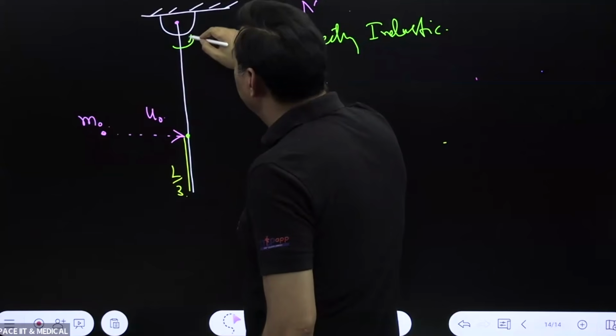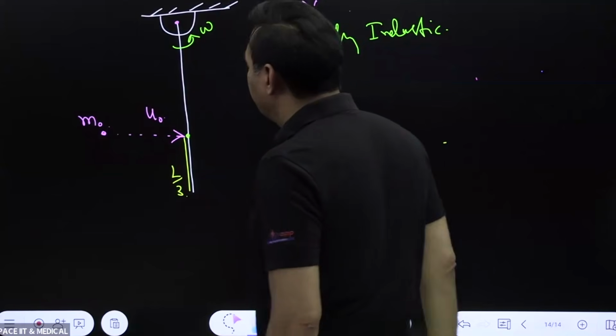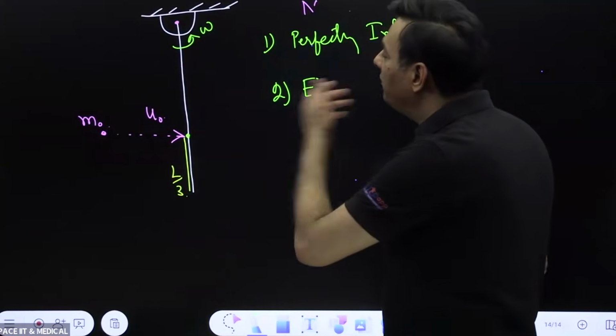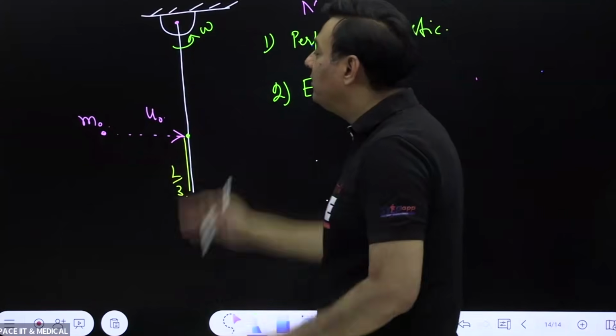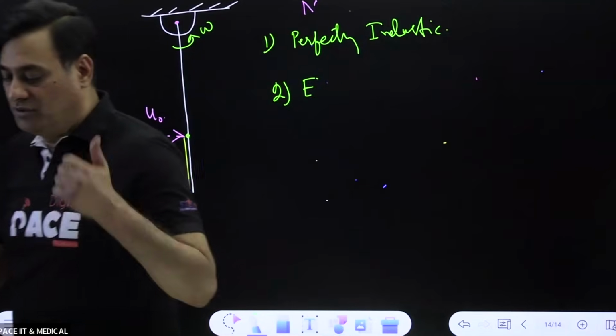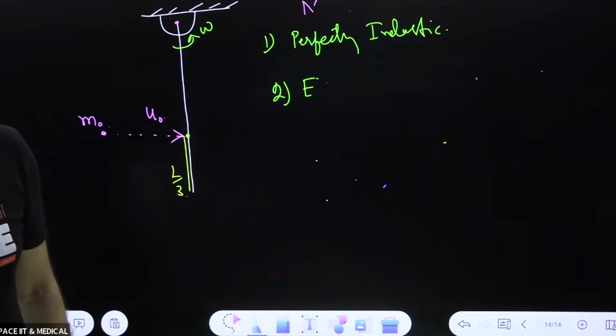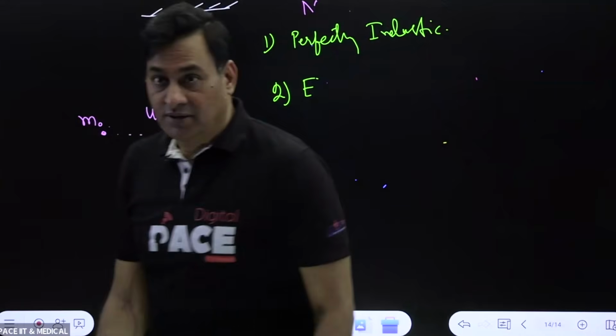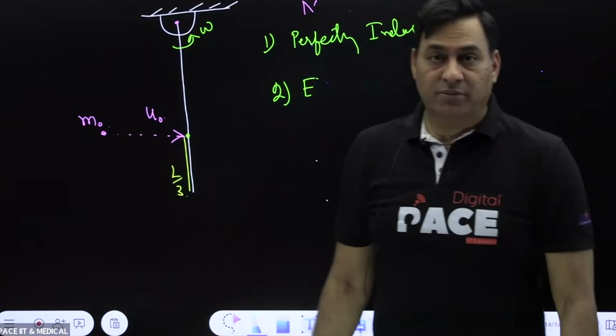There will be an angular velocity of this combined thing, pure angular velocity. How will we do that? Can I conserve linear momentum of rod plus point mass? Yes or no? No, we can't conserve linear momentum.